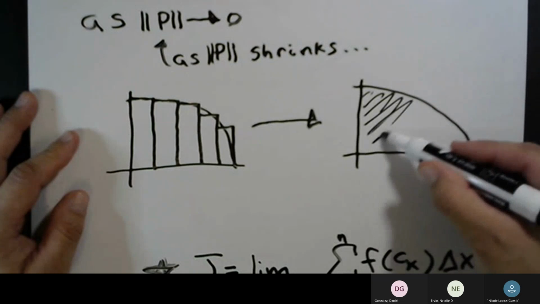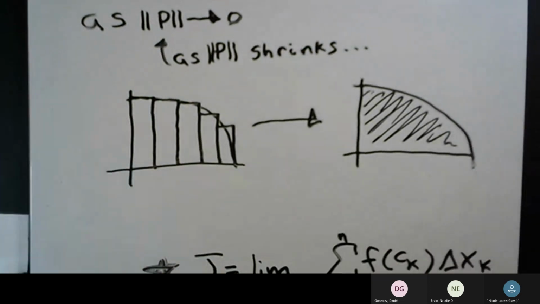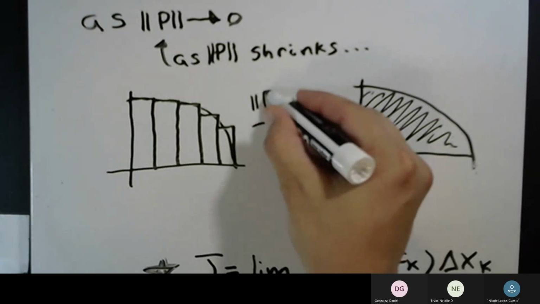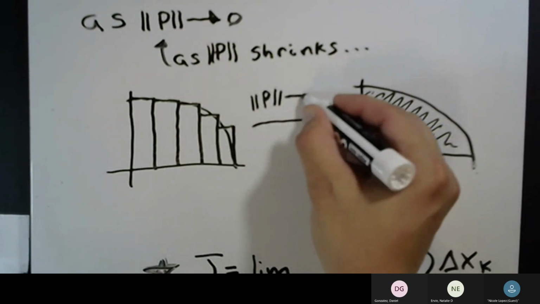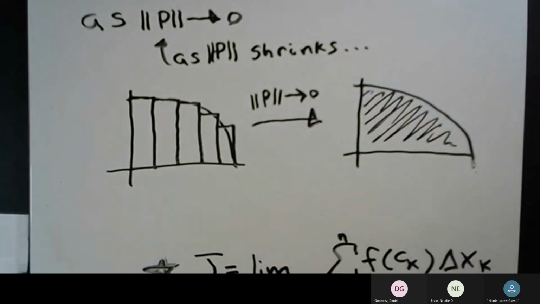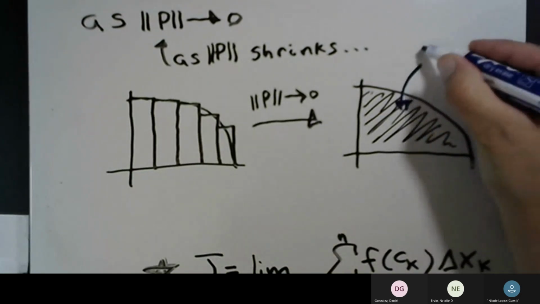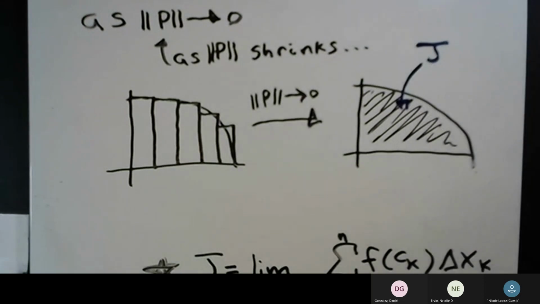And now we actually have the area. And this is the number J. That's the number J. So this happens if.